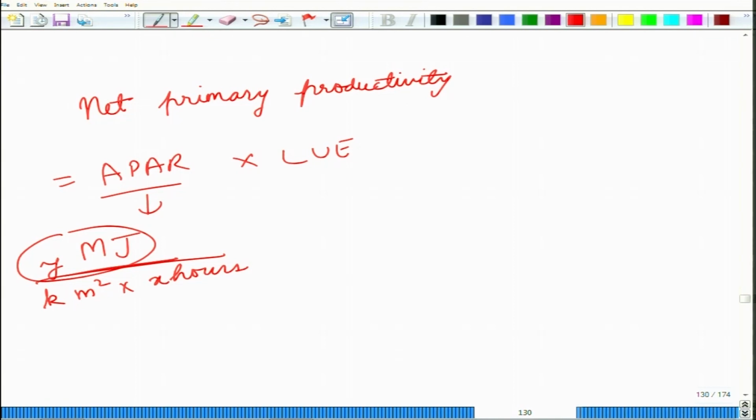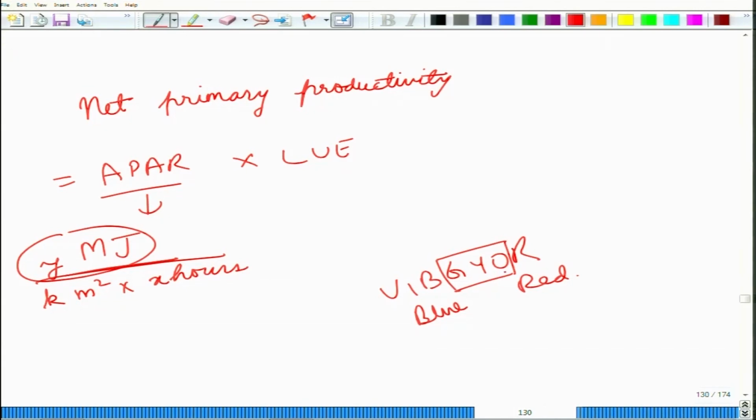What do we mean by photosynthetically active radiation? When we talk about the whole of the spectrum, the VIBGYOR, the wavelengths that are mostly responsible for photosynthesis come in the blue region and in the red region. The other radiations, say green, yellow, orange, are mostly reflected by the plants and are not used for photosynthesis.